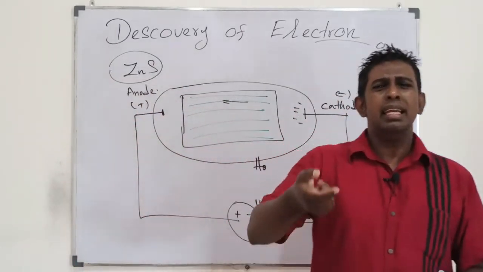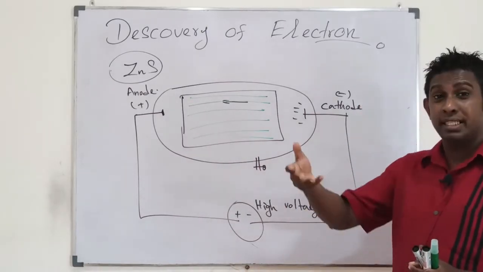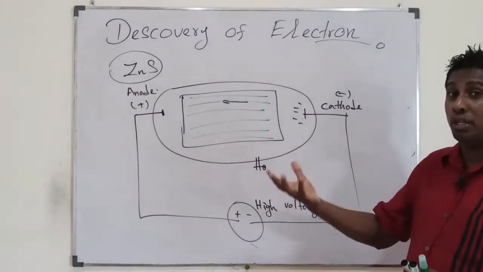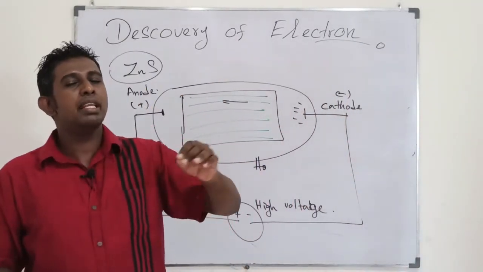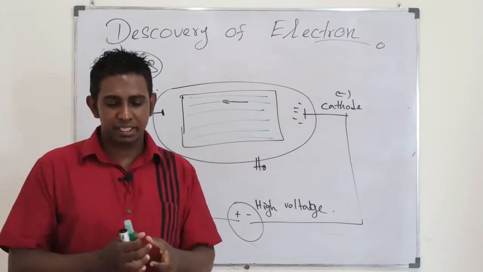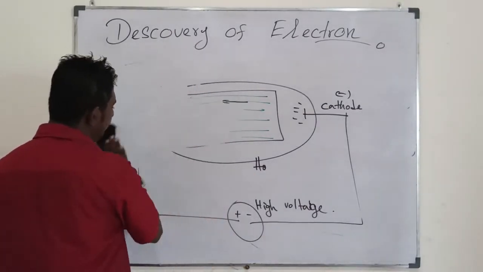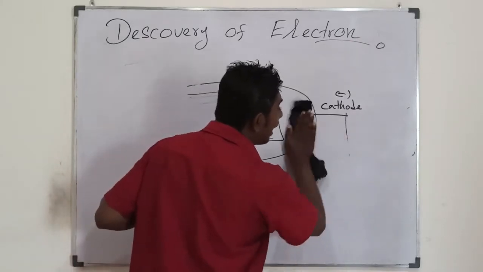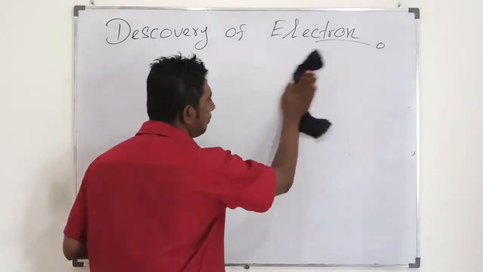Okay, then let's find out how J.J. Thomson carried out his experiments on these cathode rays to reveal various properties. Students, J.J. Thomson first wanted to check whether these cathode rays travel in straight lines or not.